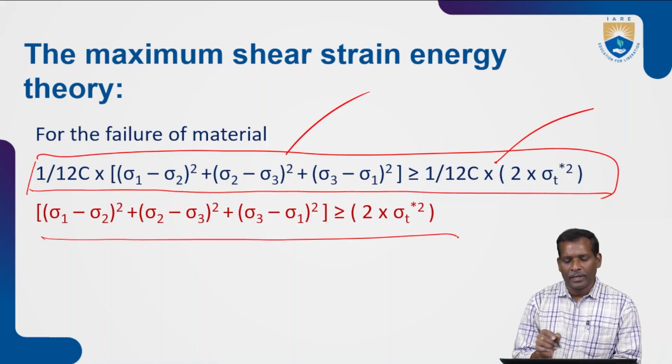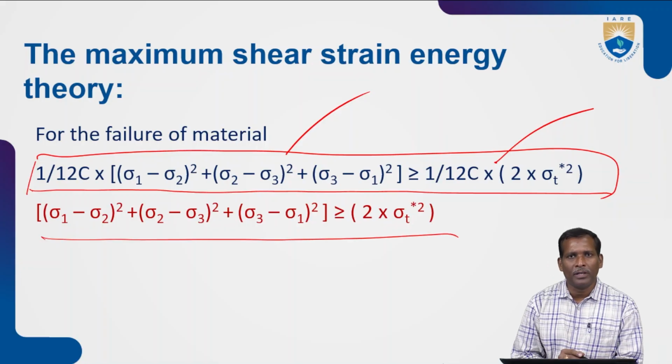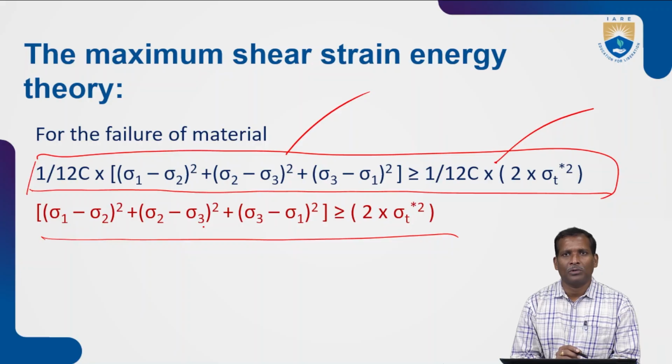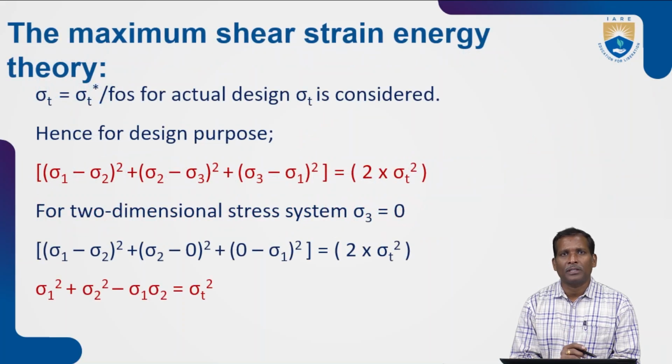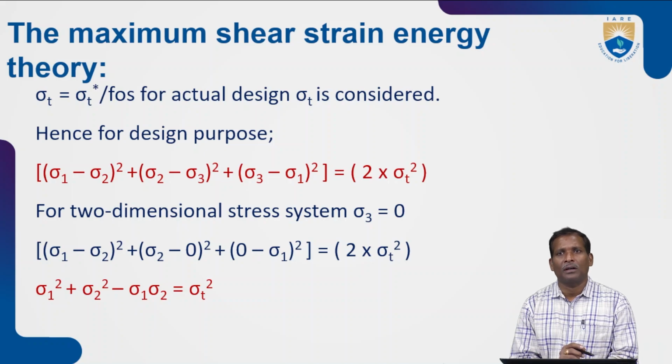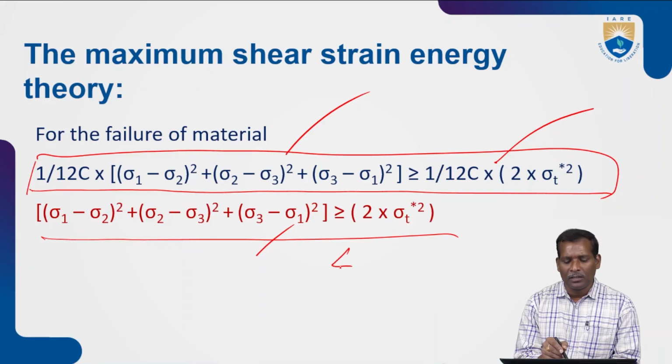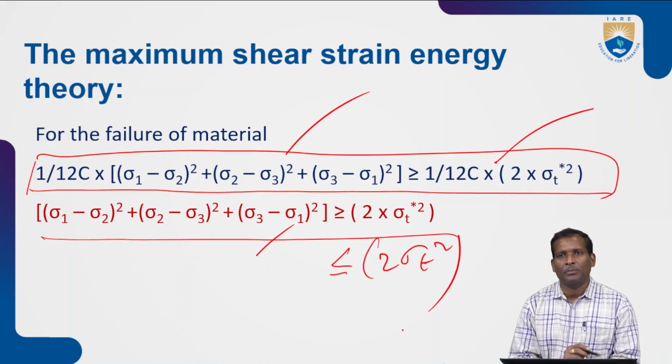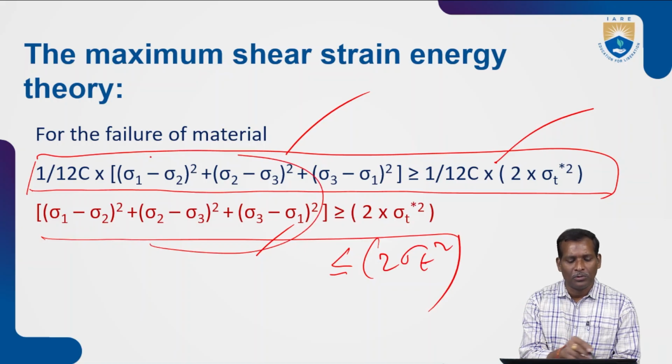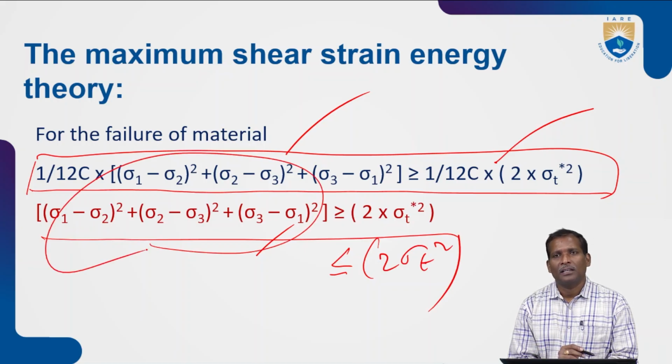So the final equation you can write like this: sigma 1 minus sigma 2 whole square plus sigma 2 minus sigma 3 whole square plus sigma 3 minus sigma 1 whole square is greater than or equal to 2 sigma t whole square. But to avoid failure, for safe design, it should be less than or equal to 2 sigma t whole square. So these values should always be less than the allowable stress values; only then will the component be in a safe condition.